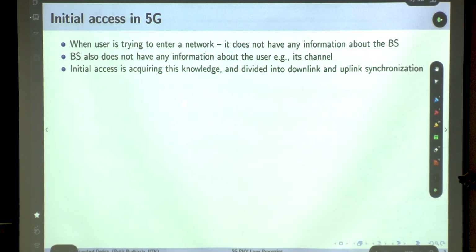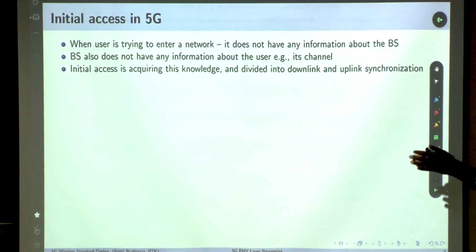So initial access is a broad term. It is basically used to acquire this knowledge. These are a few aspects of it; there are multiple other aspects, but if we understand how this is happening, it's enough for this course. Initial access is basically acquisition of this knowledge, and it's divided into uplink and downlink synchronization.